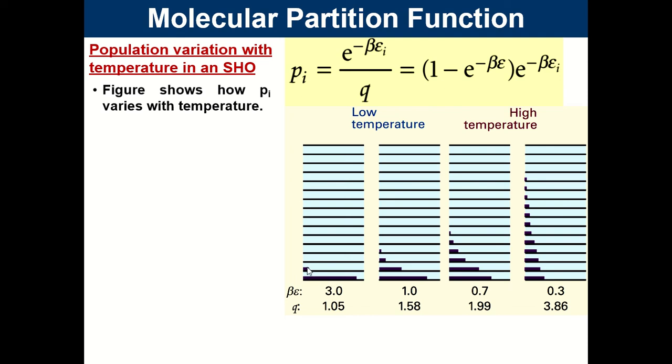There is only a very small population over here, and as the temperature is increased, the population gradually gets distributed over these higher excited states. If you go on increasing the temperature, gradually you can see the population has decreased here, but still in all these cases you will find that towards the lower energy side there is greater population, and as you rise upwards the population decreases.